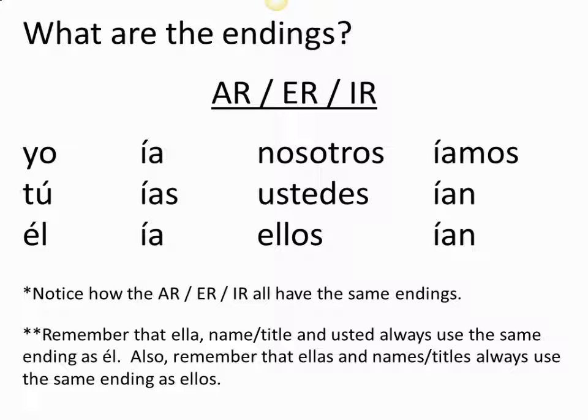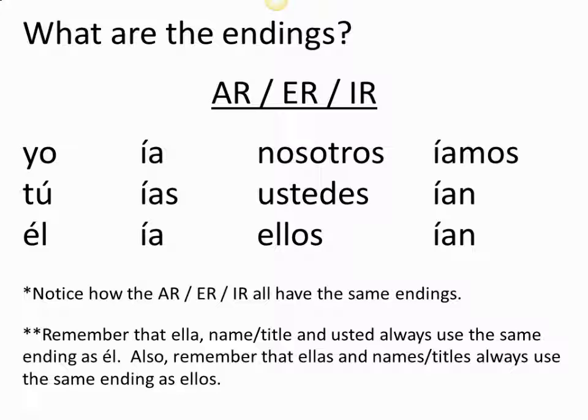So what are the endings? You're seeing that unlike many tenses, AR, ER, and IR all have the same endings. That's great news when you're learning the language, because that means you just have 5 different endings instead of the customary 10. It simplifies your conjugating a lot.